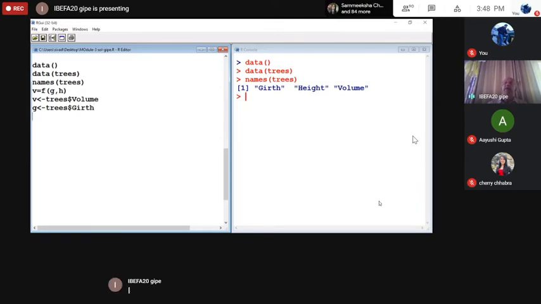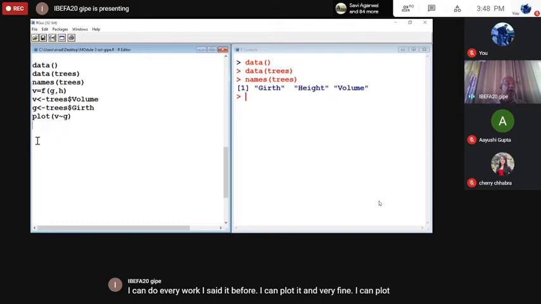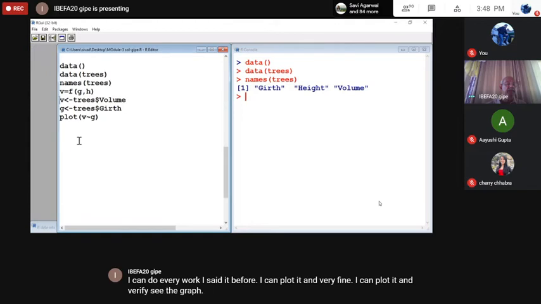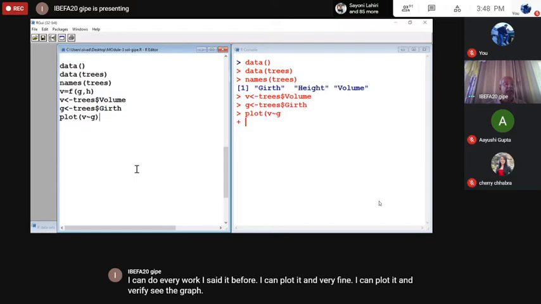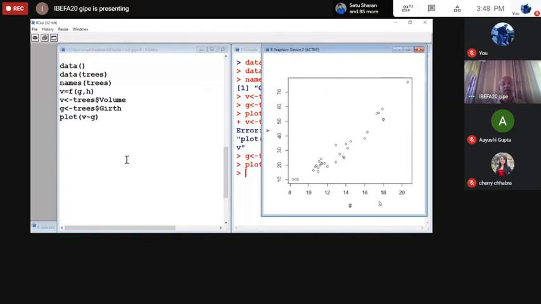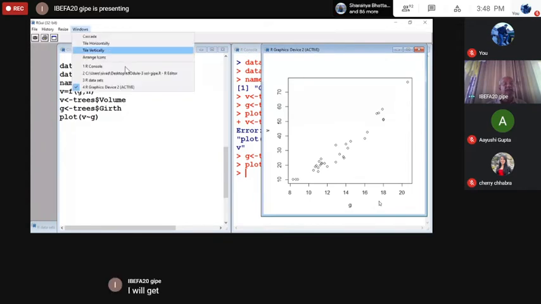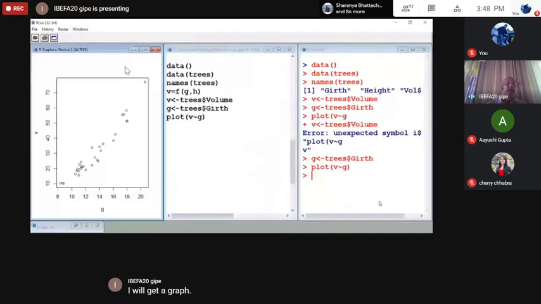I can do every work as I did before. I can plot it and verify. See the graph. I will get a graph, a very good graph with a lot of points towards the right top.